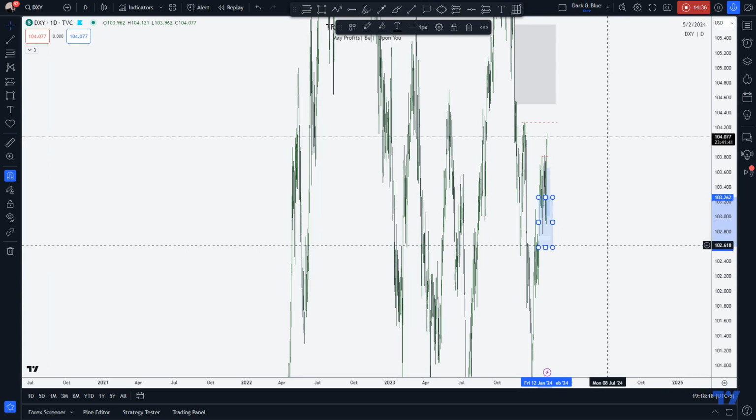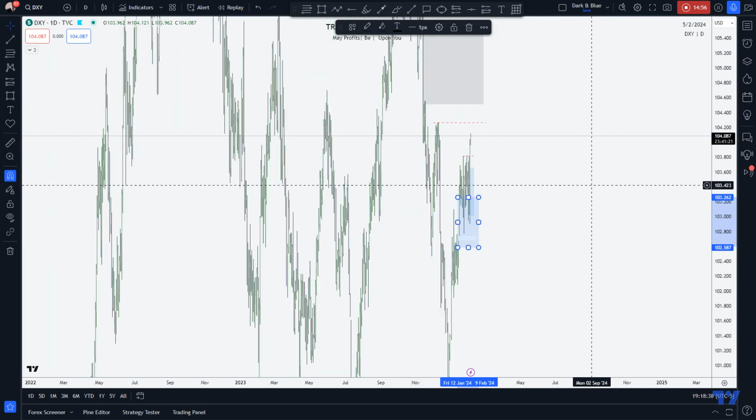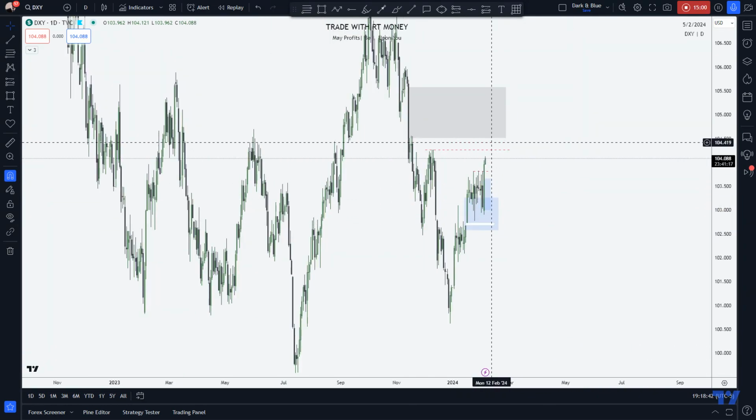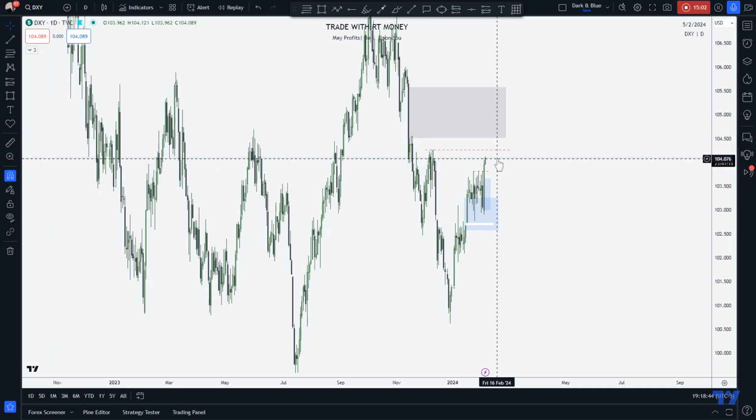And you want to look for shorts in the other pairs, the US dollar ending pairs like Euro USD, Pound USD, New Zealand dollar USD, Aussie dollar USD. You want to look for the shorts in that, because it looks like the US dollar is going to start the week out pretty strong.